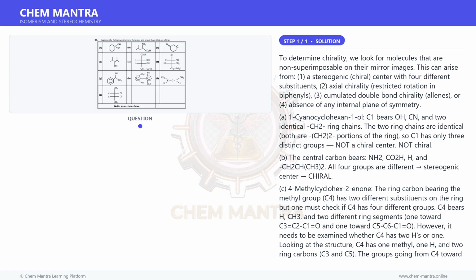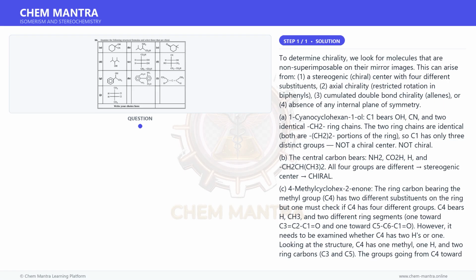G. 1-phenylethanol, PhCH(OH)CH3. The central carbon has Ph, OH, CH3, H, 4 different groups, chiral. H. The biphenyl shown has SO3H and NO2 groups in ortho positions on both rings, the 2,6 substituted biphenyl pattern.